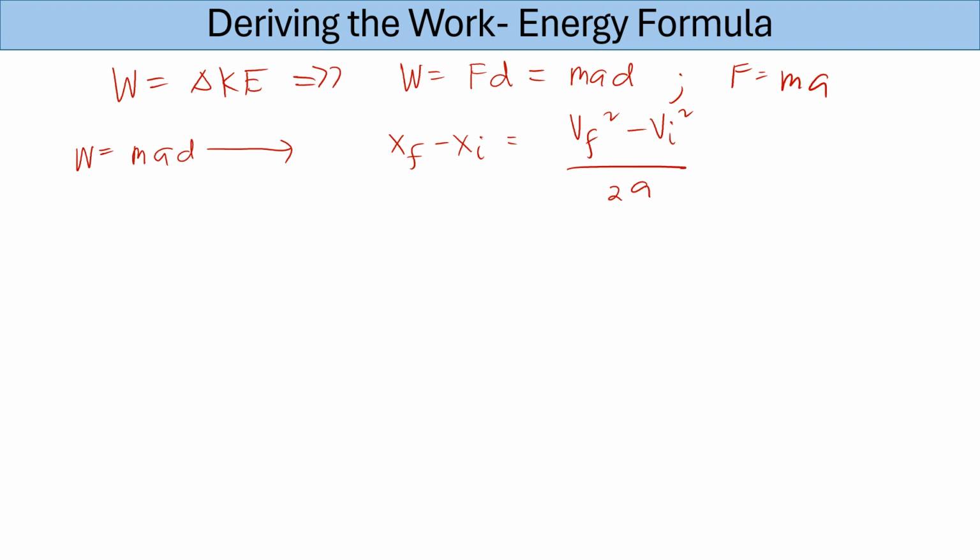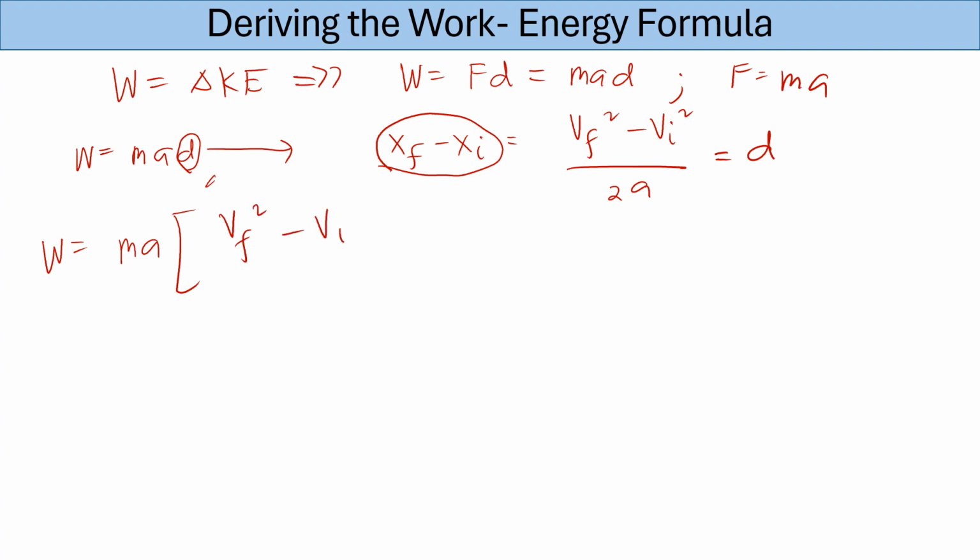Take note that d here in our equation is just the displacement, and this is also a displacement, so this is equal to d. So we're going to substitute this quantity to our equation. So you will have work is equal to ma multiplied with vf squared minus vi squared over 2a. Notice that our a here will just cancel.